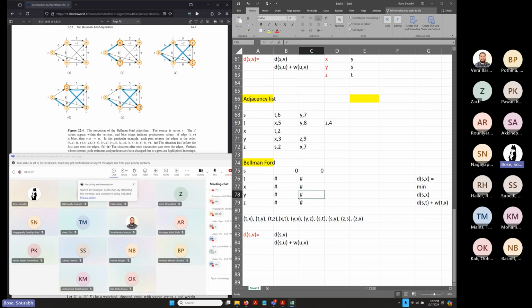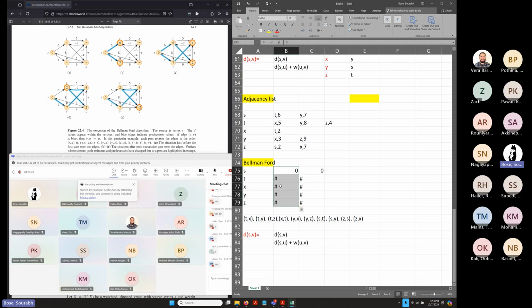Next is X to T, so I'll be updating T. S to X is currently infinity. Current values, I will always be looking at the previous column. New values I'll be updating in the current column.